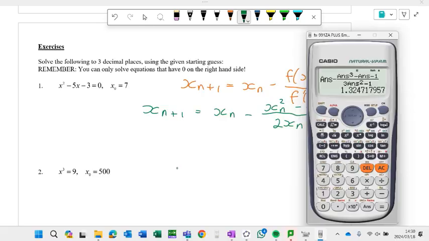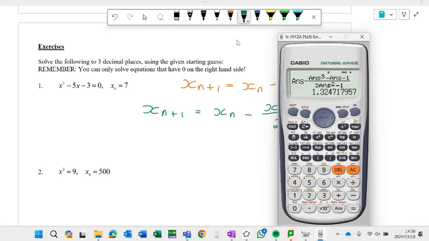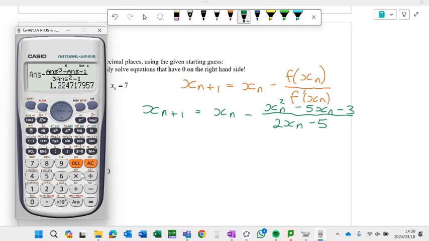Now what we're going to do is bring up our calculator. We're going to press 7 equals. And all that does, even if you press all clear, it puts 7 into the memory called answer. Then you type all this stuff in on the right-hand side here with answer. So when we press equals, the calculator is going to do the calculation with 7.